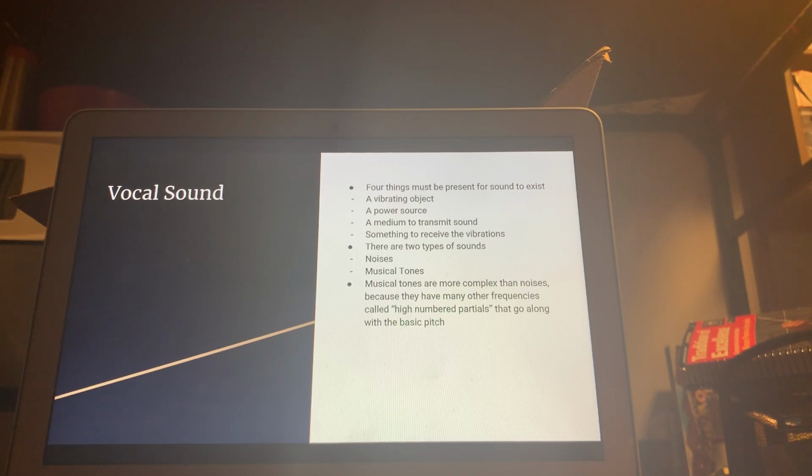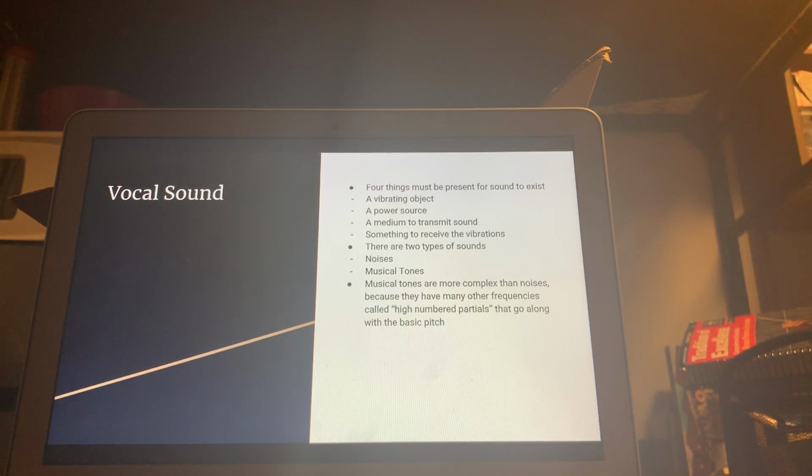And so the book describes there are two types of sounds. There are noises and then there are musical tones. So a noise is kind of just like a speaking voice or a clap or a car door shutting. While more modern music has used that as musical tones, the book separates these from regular musical tones. It separates it because musical tones, it says, are more complex because they have other frequencies called high number partials.